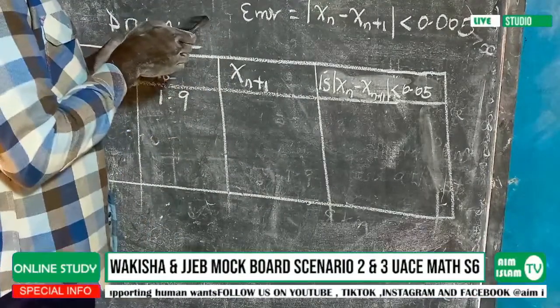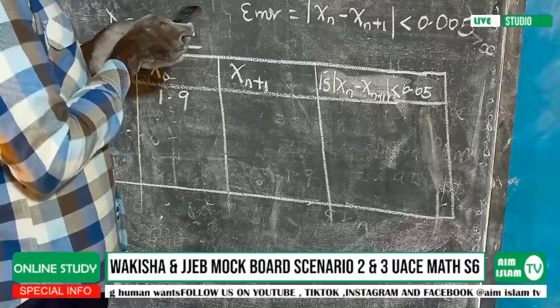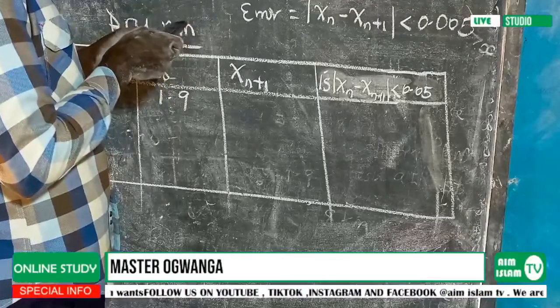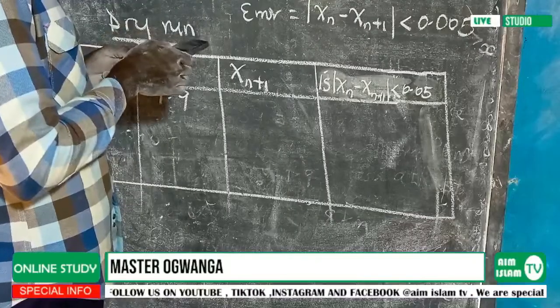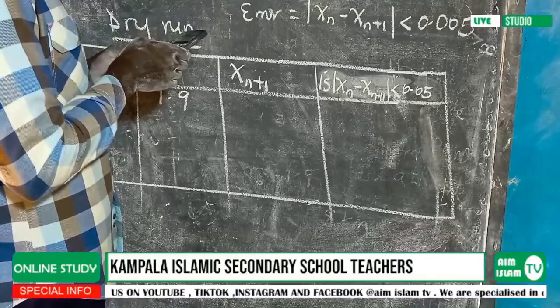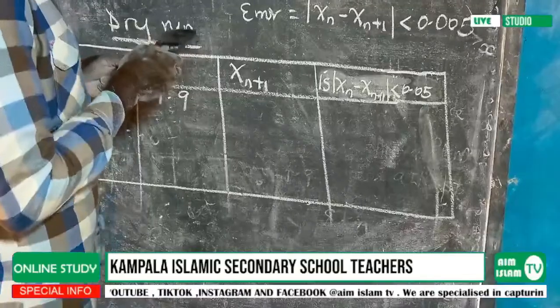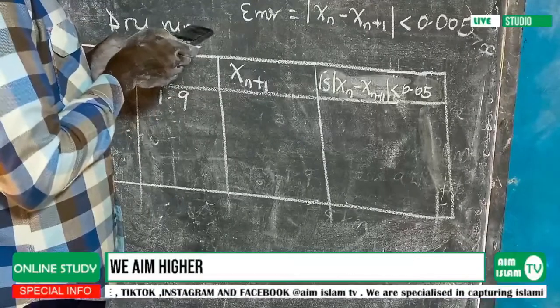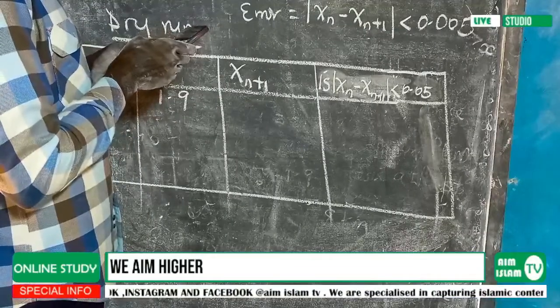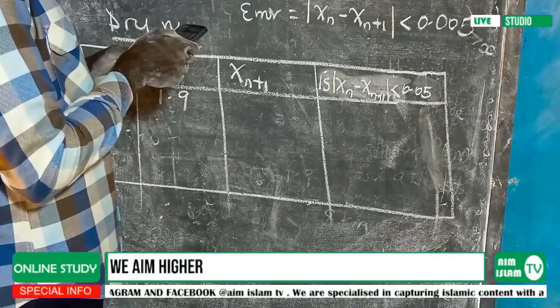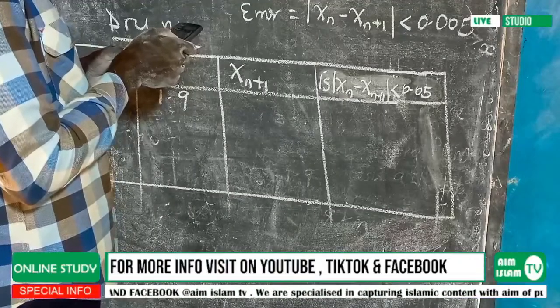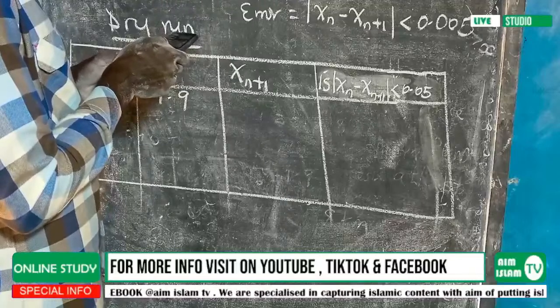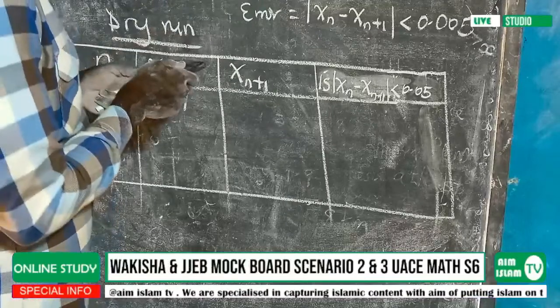So we'll have 1.9, negative exponential 1.9, cos of 1.9. Make sure that your calculator is in radian mode. That should be 1.9.